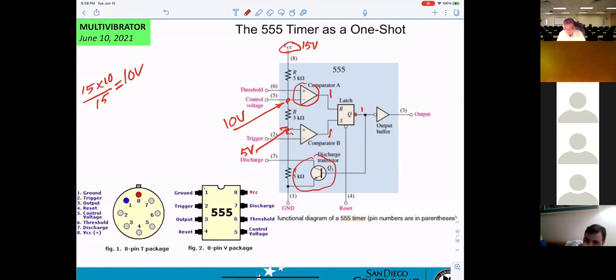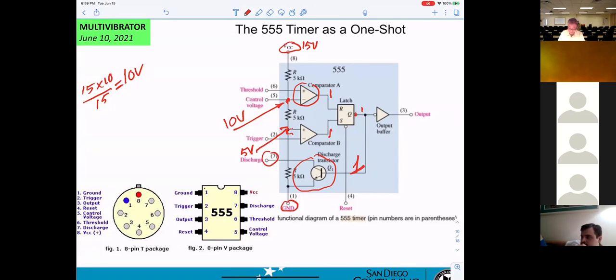the transistor, if you get a logic 1 here, what happened to Q1? Turns on. Transistor will be on. When they on, they will be connecting pin 7 to the ground.